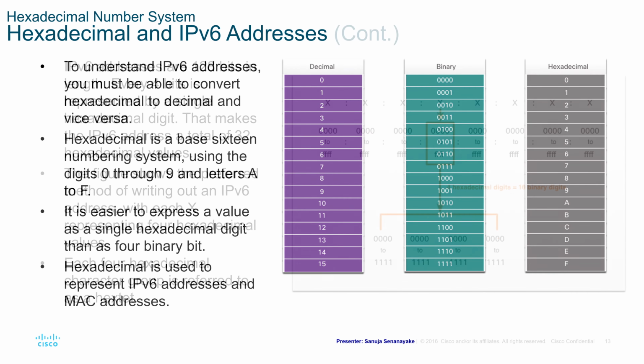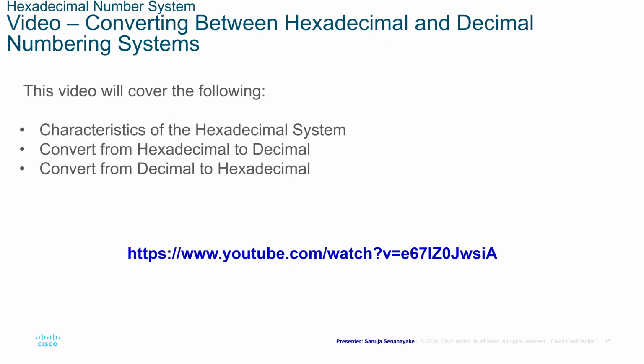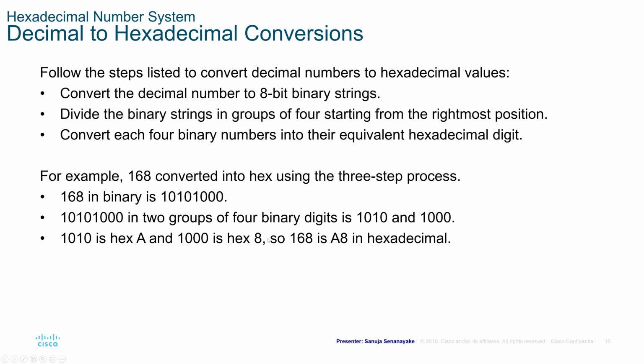So remember that table, A is 1010. That's why it is represented as A here. And 1000, if you go back to that table, you'll see the hex value is going to be 8.